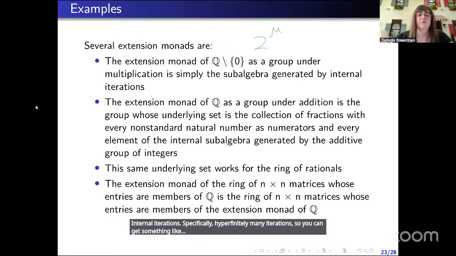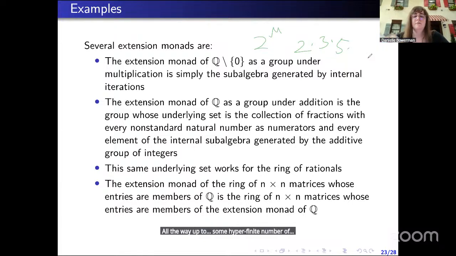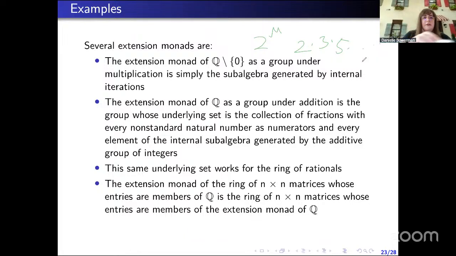2 to the mu, or 2 times 3 times 5 times, all the way up to some hyperfinite number of iterations, but you can't get something that is, for example, some non-standard infinite prime.